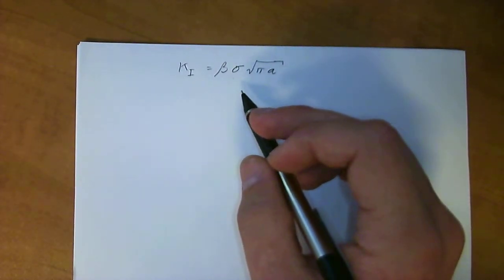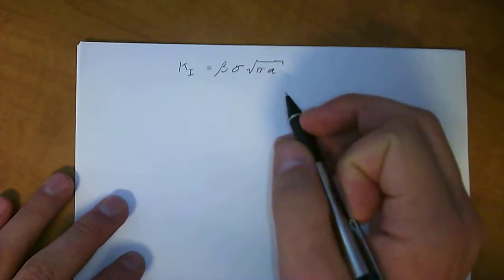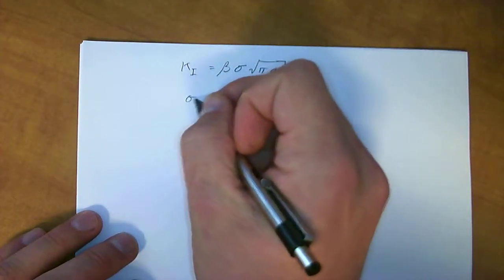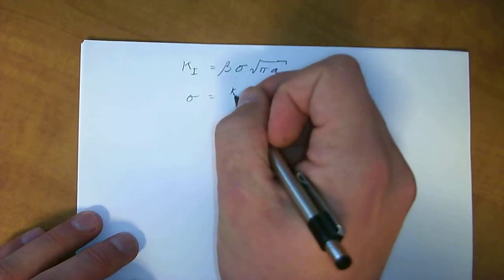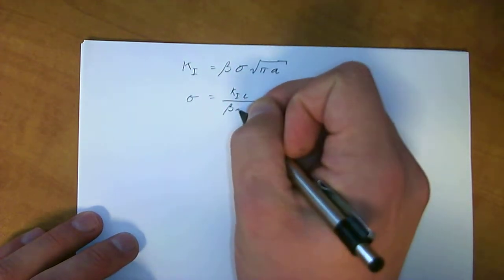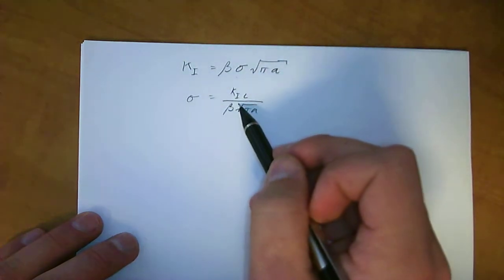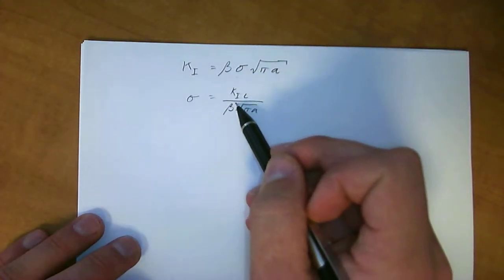So going from there, though, we need to find stress in order to find out how long we can go before the thing will break, basically. So working with stress, we're going to rearrange this a little bit. Sigma is equal to K_IC all over beta square root of pi a. Now you see that I changed I to IC.